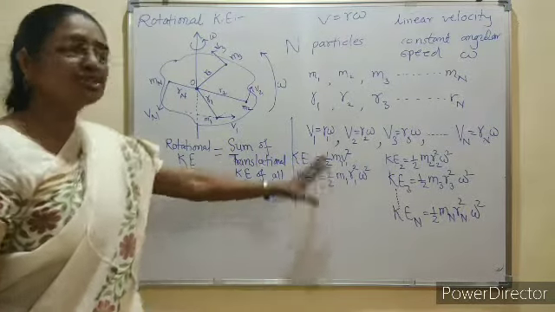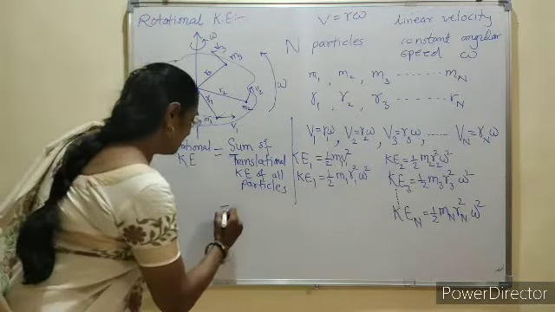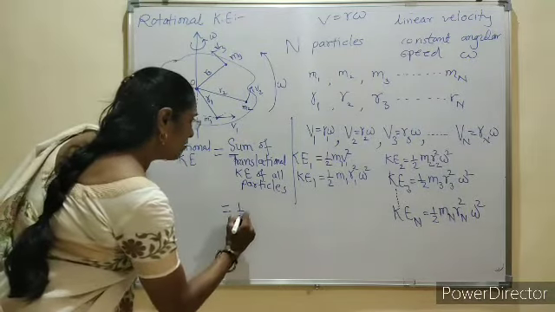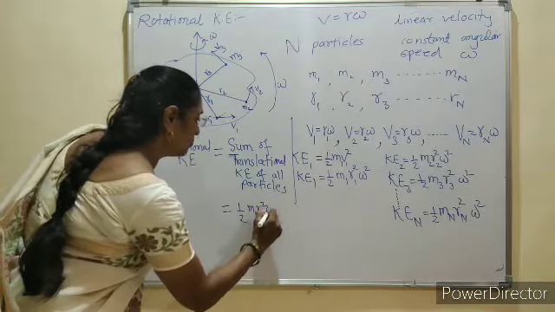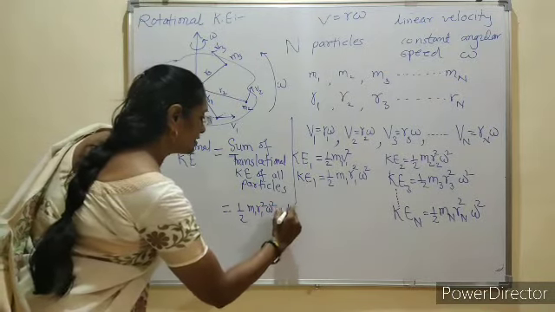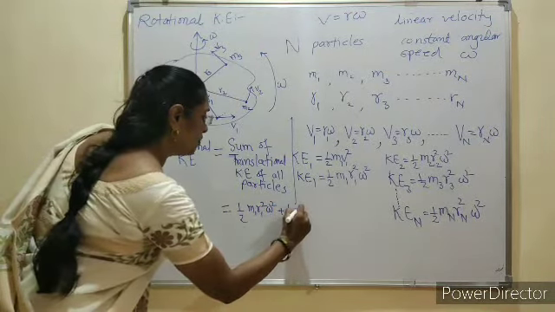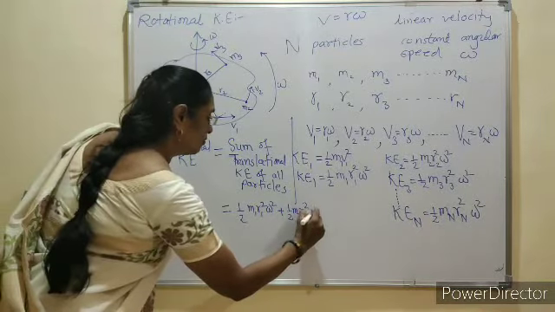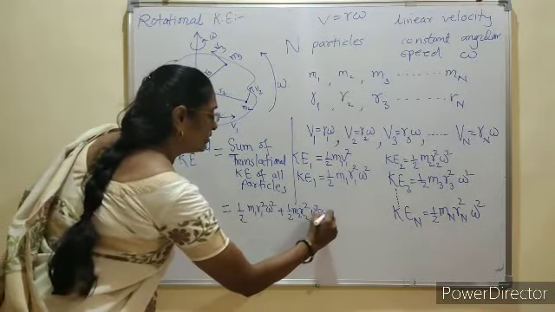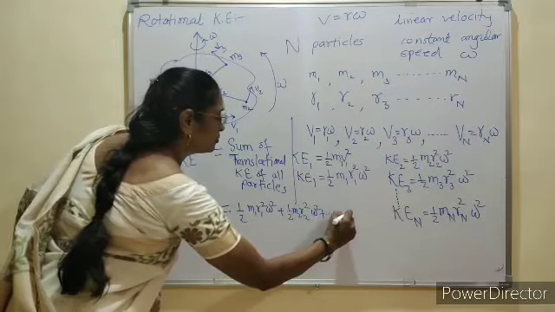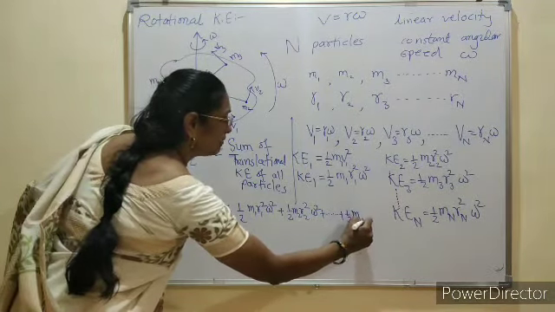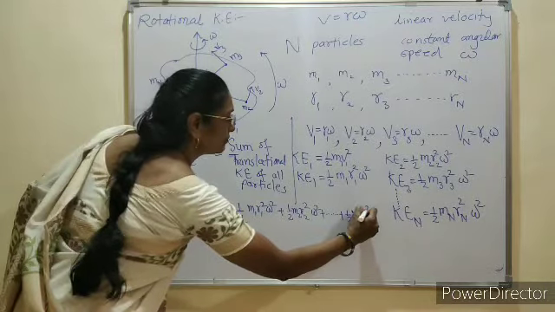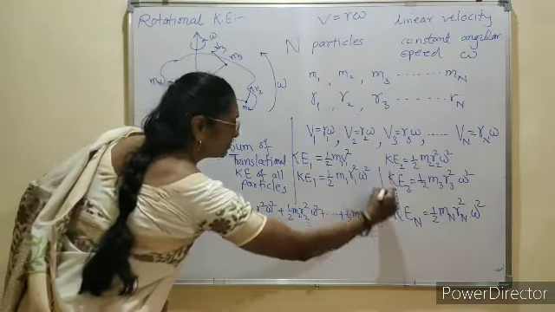So simple addition is there. It can be half m1 r1 square omega square plus half m2 r2 square omega square, and the sum extends up to the nth particle's energy, half mn rn square omega square.